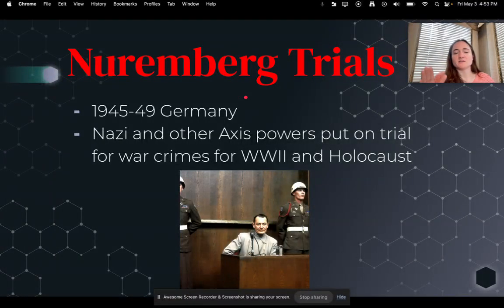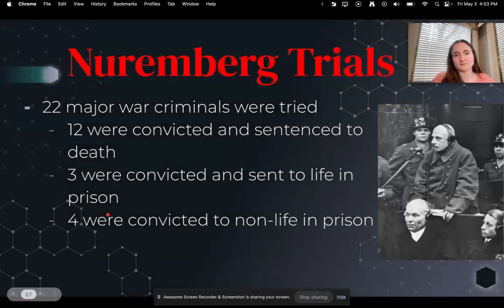The Nuremberg trials happened from 1945 to 49 in Germany. Nazi and other Axis leaders were put on trial for war crimes for World War II and the Holocaust. There were 22 major war criminals who were tried during this. 12 of them were convicted and sentenced to death. 3 were convicted and sent to life in prison, and 4 were convicted to non-life in prison.